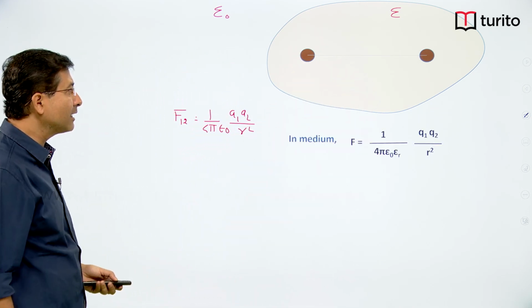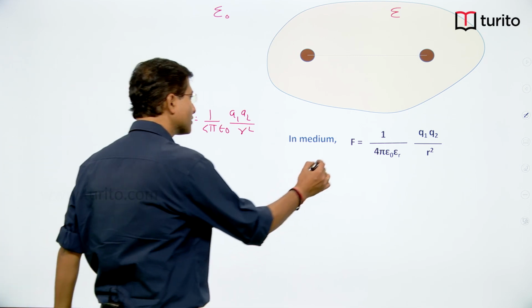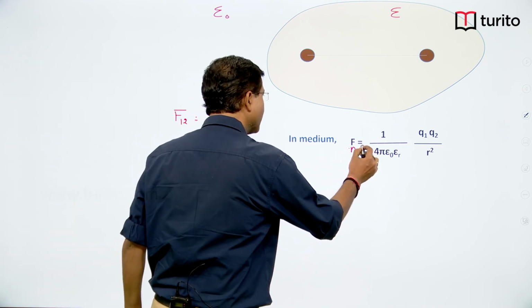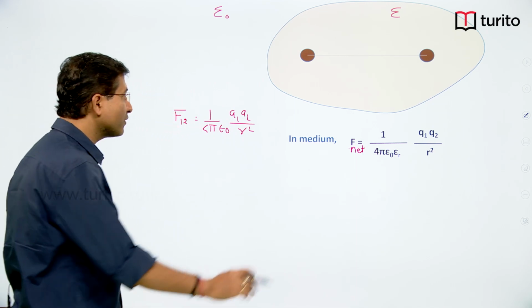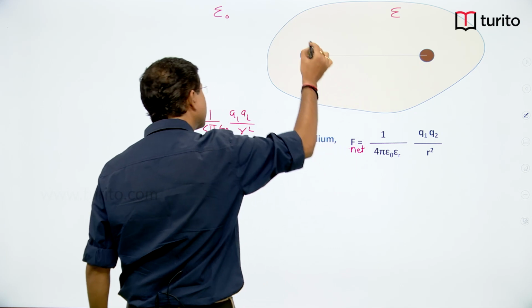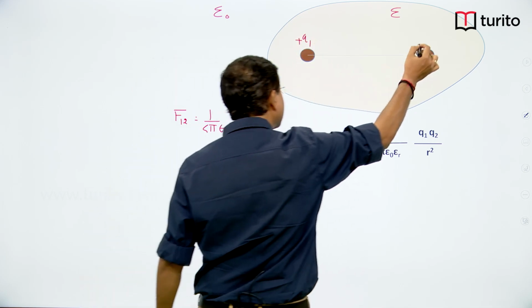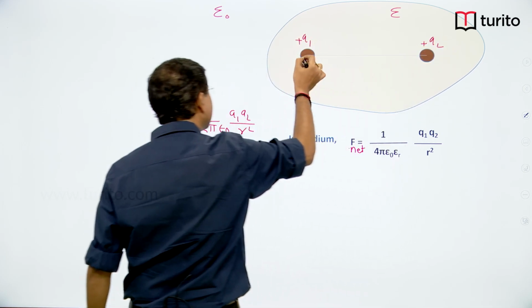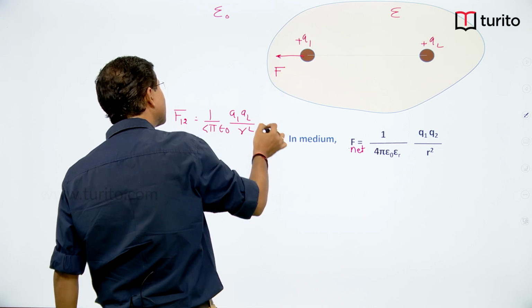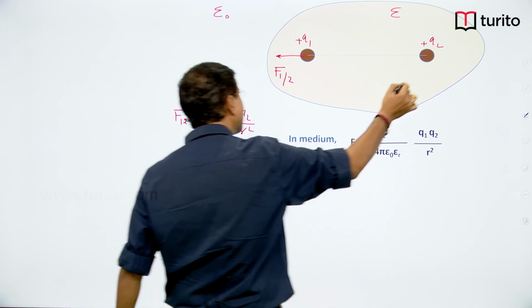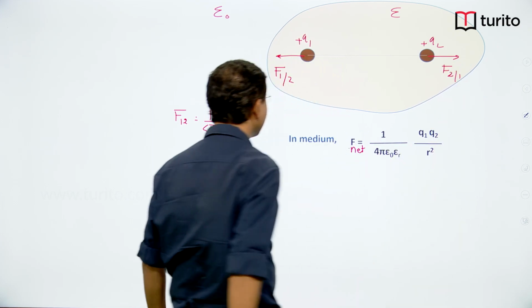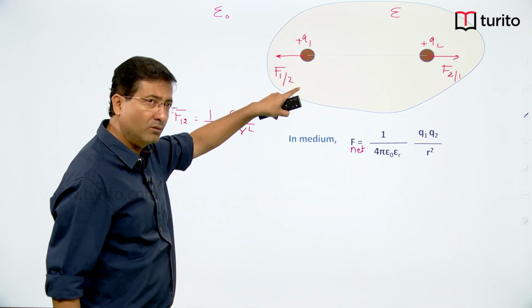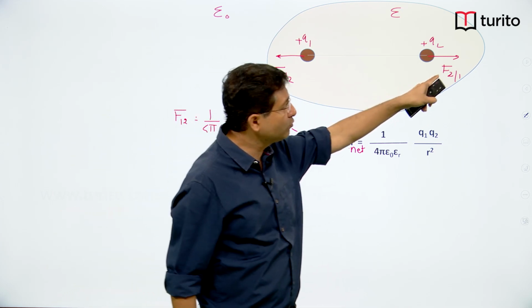Here I am talking about the net force. The force of interaction is still the same. If I assume this is plus q1, this is plus q2, and I ask what is the force of interaction, you will still say this is the force on 1 by 2 and this is the force on 2 by 1.